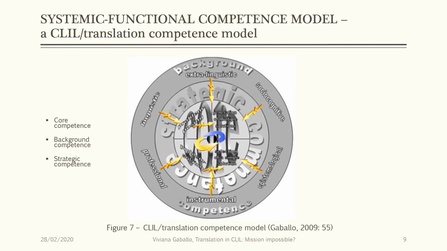I'm not going through it in detail because of time constraints, but I'll say very briefly that it aims at creating a synergetic interaction of LGP competence that is more likely to be targeted in the upper part of the background competences, that is the linguistic, extralinguistic, and socio-cognitive competences, and LSP, CLIL, or translation competences that are more likely to address the lower part of the background competences, specifically the epistemological, instrumental, and professional competences.